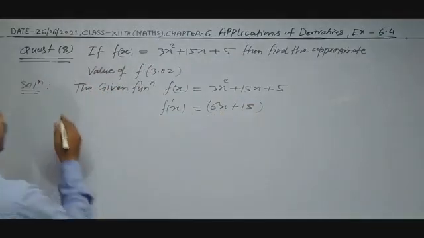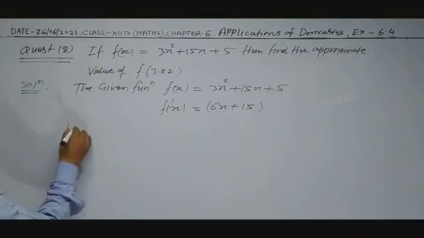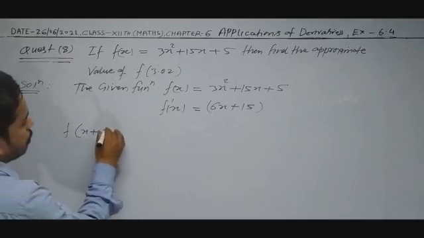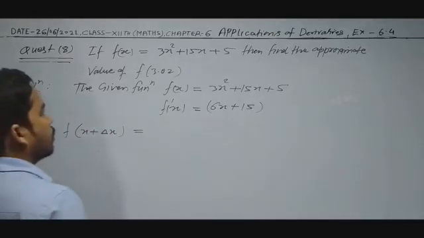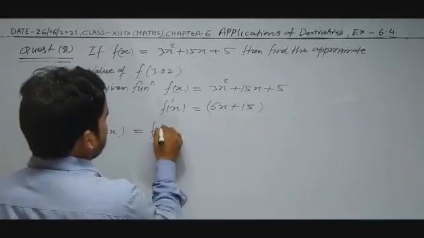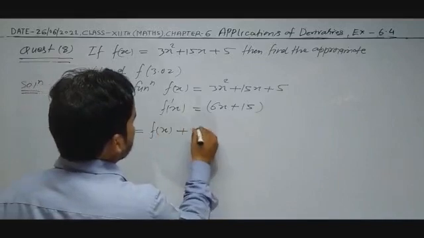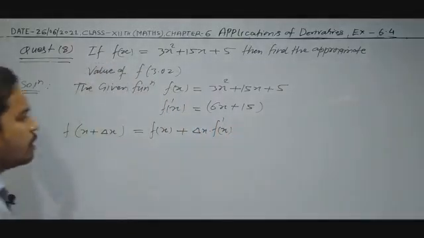So leave it. Now we have the function, and you know the formula, f of x plus del x can be written as f of x plus del x times f dash x. This is the formula.